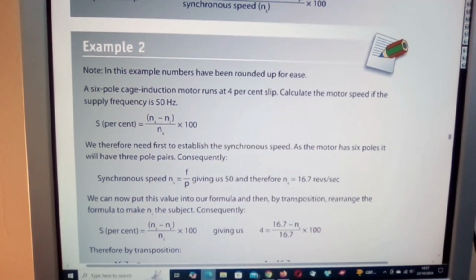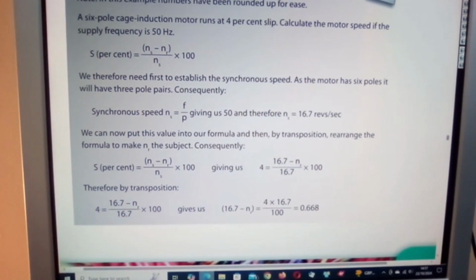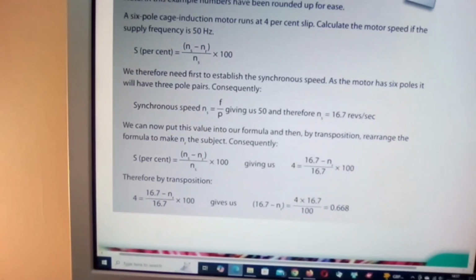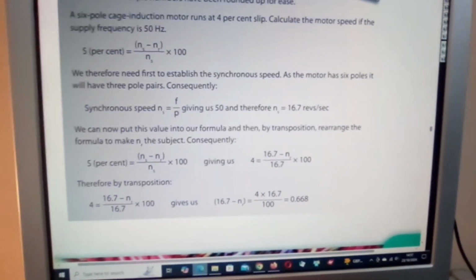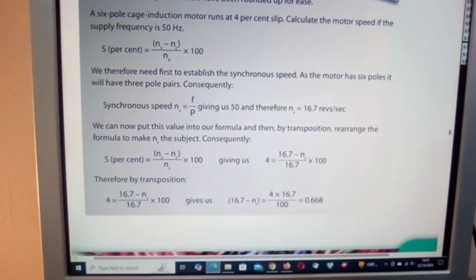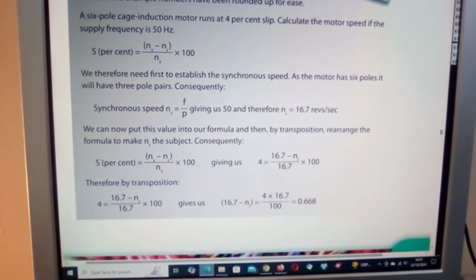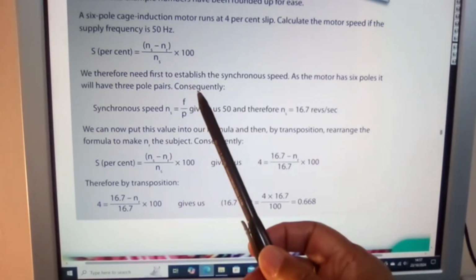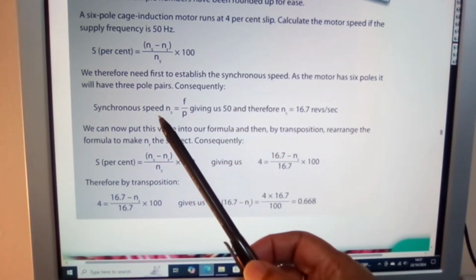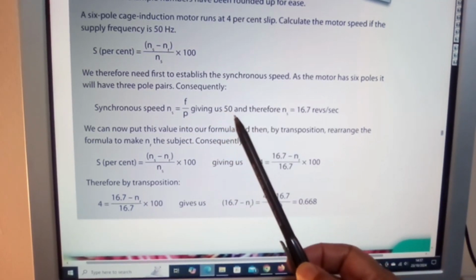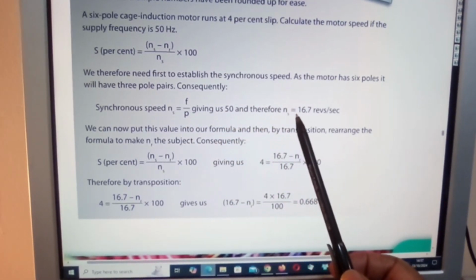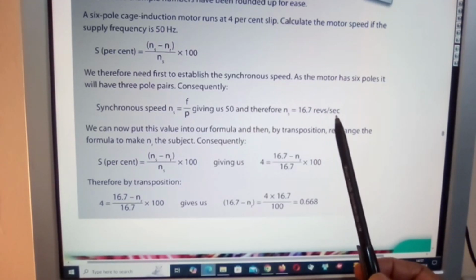Consequently, synchronous speed NS equals F over P, giving us 50 over 3, and therefore NS equals 16.7 revs per second.